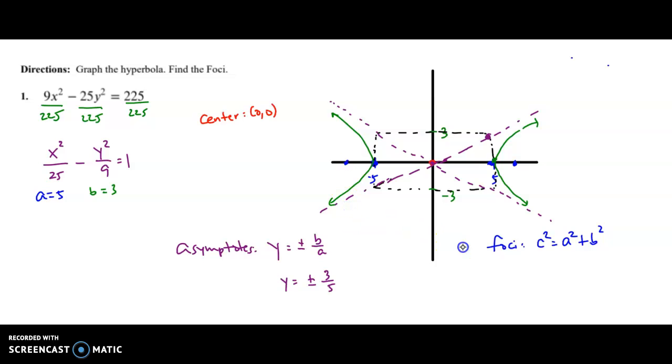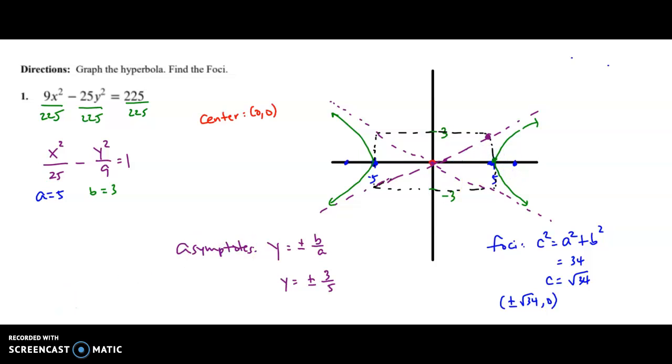Okay, so for this one, c squared is going to be equal to, when I add 25 and 9, 34. So c is going to equal the square root of 34. All right, so the coordinates are going to be plus or minus square root of 34, comma 0 in this case. Okay. Now, as I've been saying, you go to your calculator to figure out what the square root of 34 is, so that you can count when you sketch it, all right?